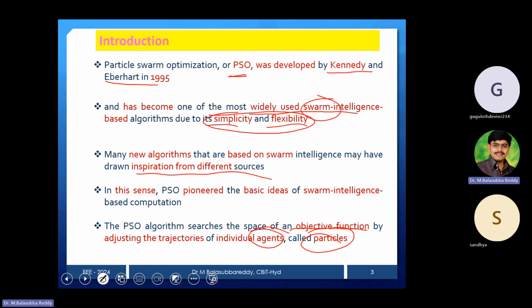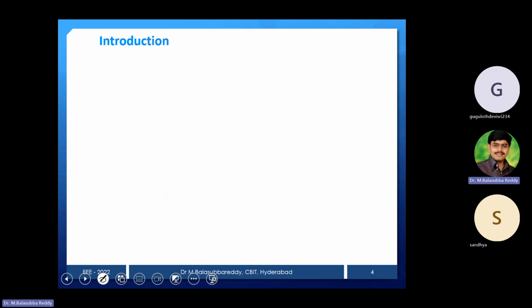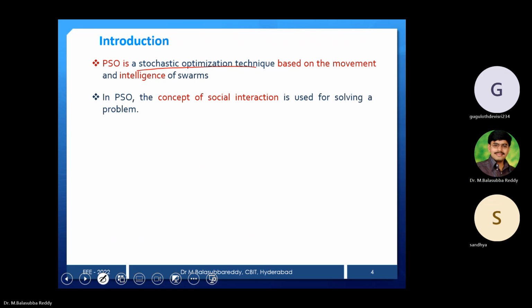Here agents and particles are the same. A group of agents searches and then identifies the best solution. That's what we can see. And PSO is a stochastic optimization technique based on the movement and intelligence of swarms.